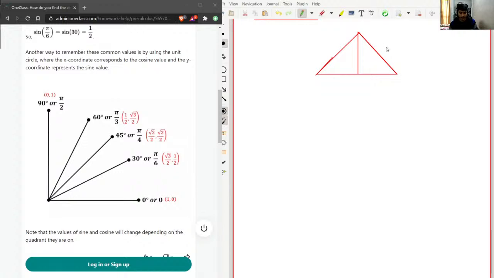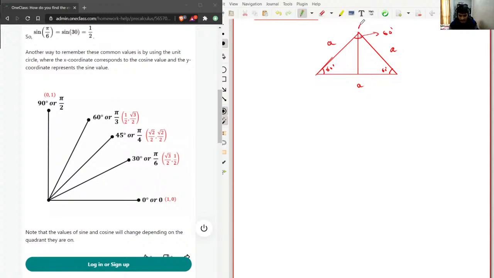So for an equilateral triangle, all the interior angles are 60 degrees. This will also be 60 degrees, and all the sides are equal.